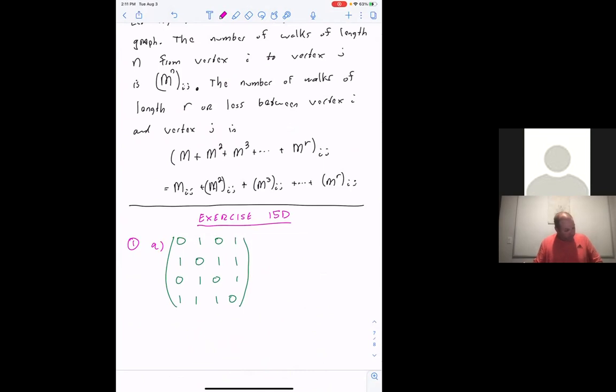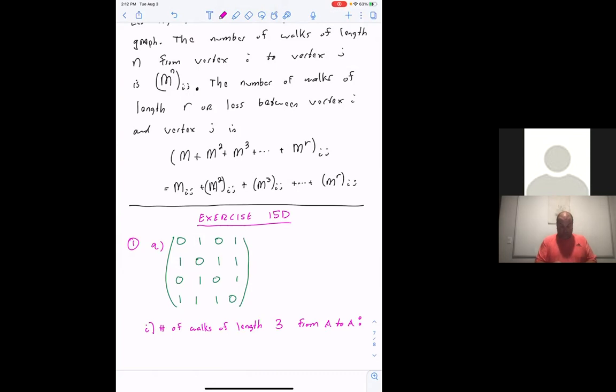It says use these matrices to find the number of walks of length 3 from A to A. How many ways can I get from A to A in 3 steps?